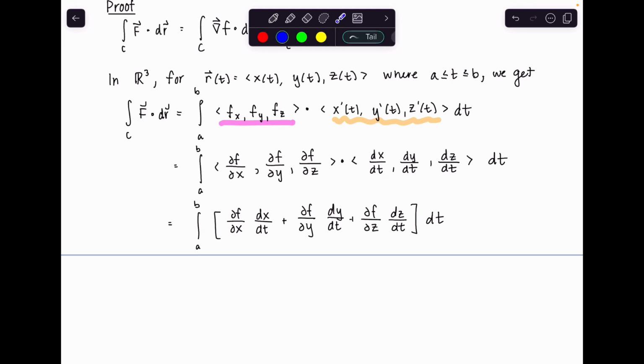And realistically, hopefully this looks pretty familiar, but this is exactly that chain rule. The idea behind this one is you have this starting function f depending on x, y, and z. So that first row is all partials, and then each of these depend on t. So this next step we get just from chain rule. This is the derivative with respect to t of f.